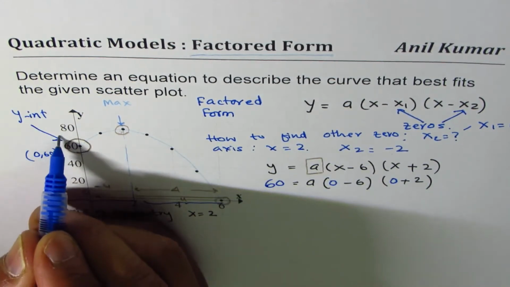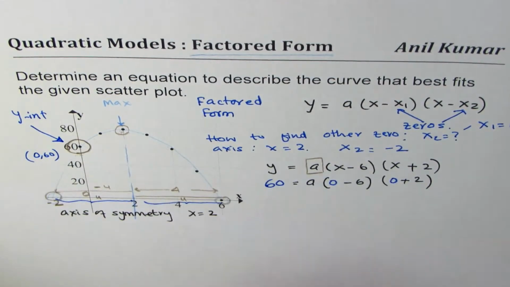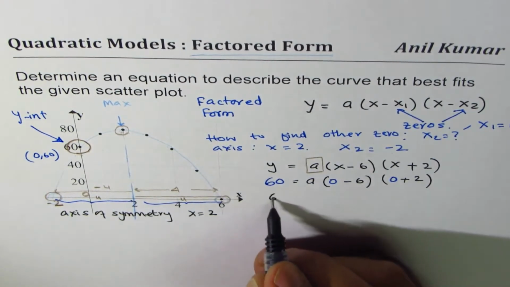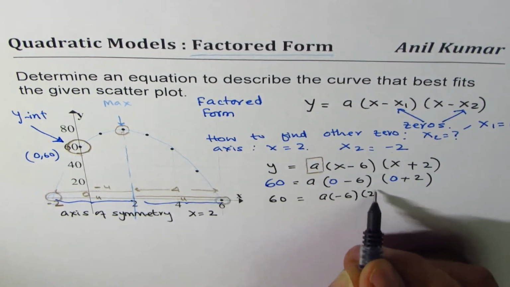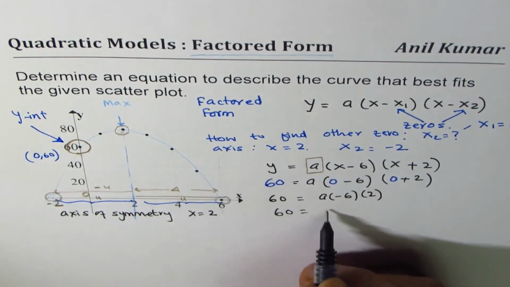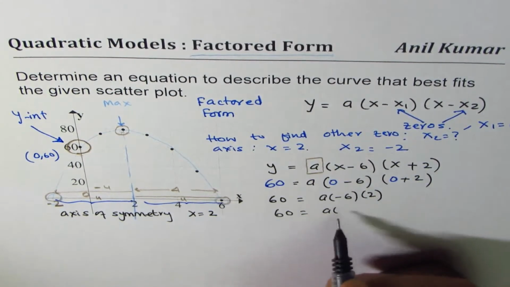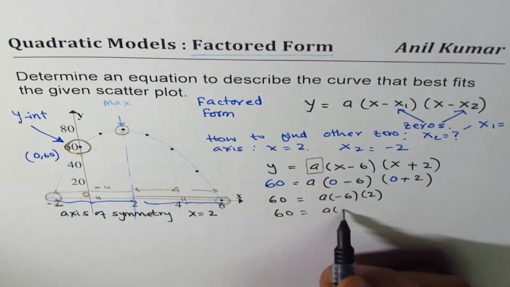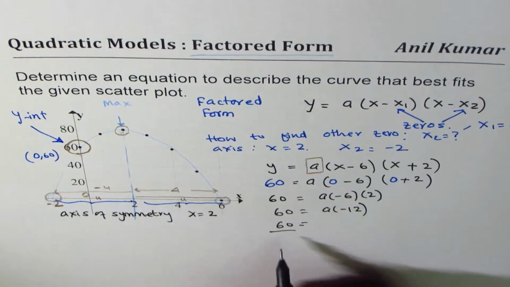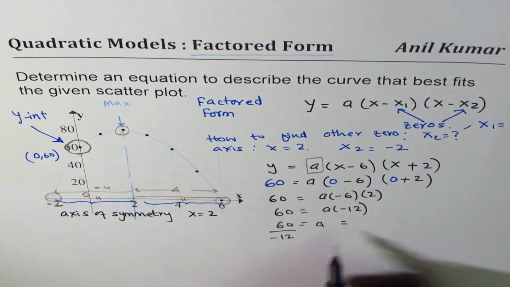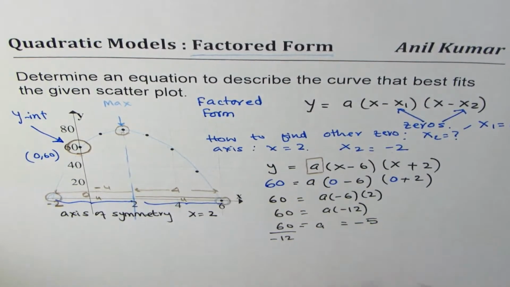So you can use the y-intercept to find the value of a. That gives us 60 equals a times minus 6 times 2, or 60 equals a times minus 12. Therefore, a is 60 divided by minus 12, which is minus 5. So a is minus 5.